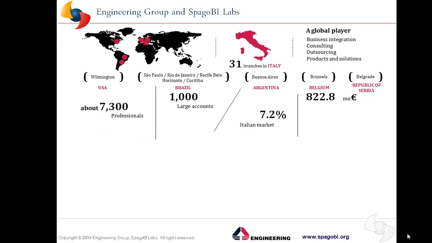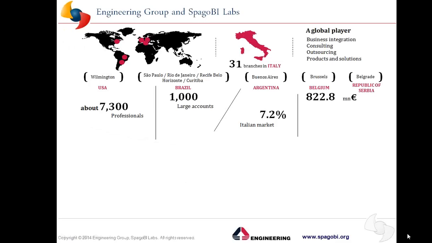It is basically the biggest IT player in Italy, with more than 7,000 people working in it. In Italy and abroad, because now, since some years already, it has an international flavor. We have offices all over the world, and in Europe, engineering group is within the top 10 of IT integrators. We provide IT integration, business and IT consulting, outsourcing, and products.